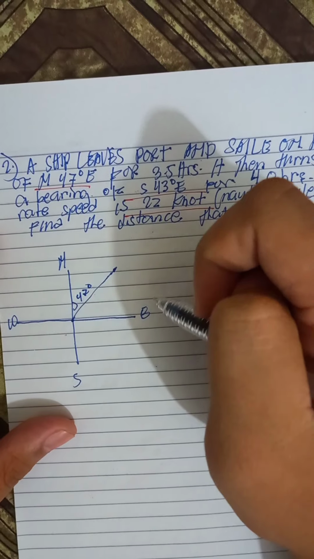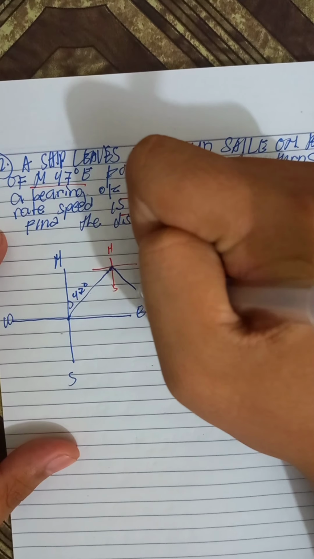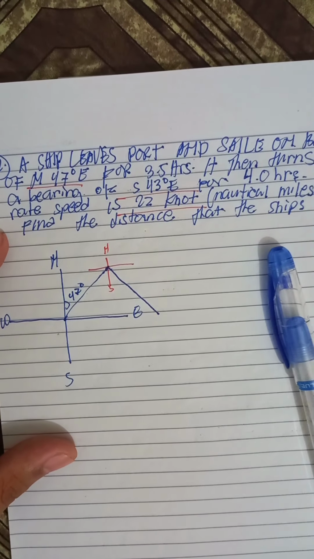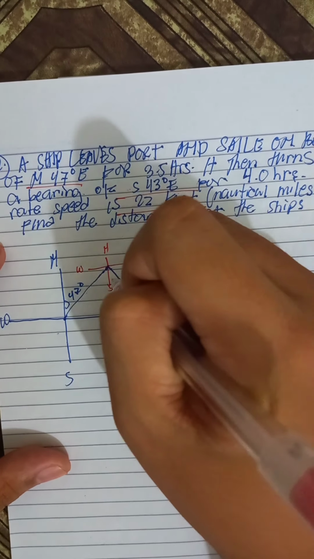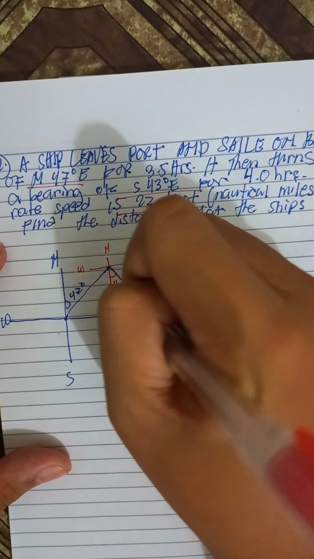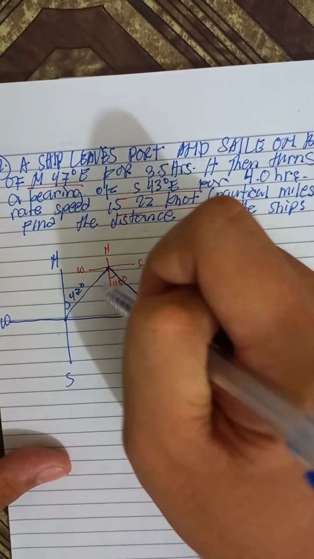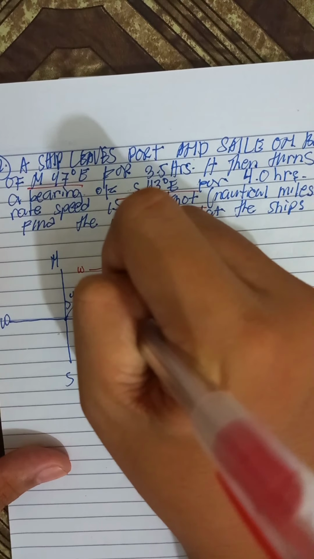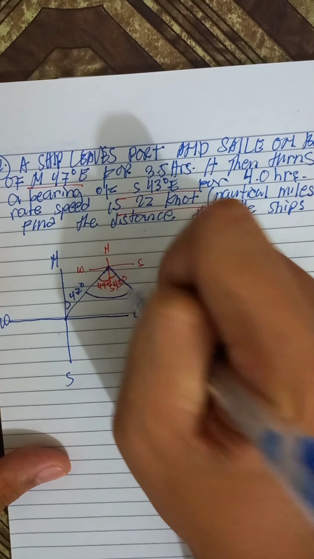This angle will be west, south. So this will be 47 angle, and this will be 47 angle, and this is 90 angle.